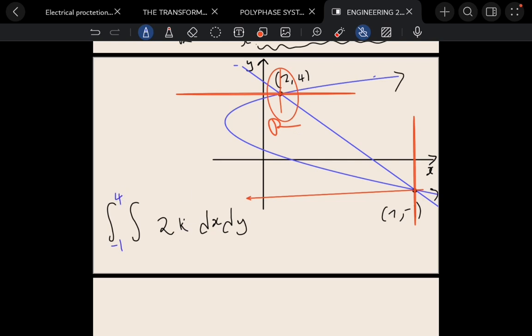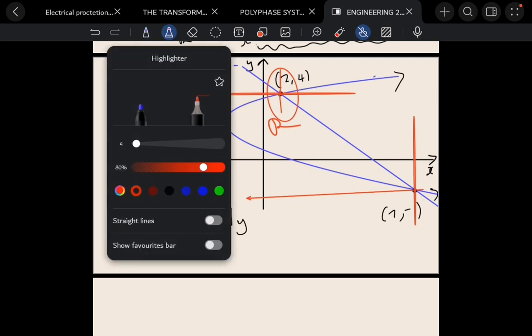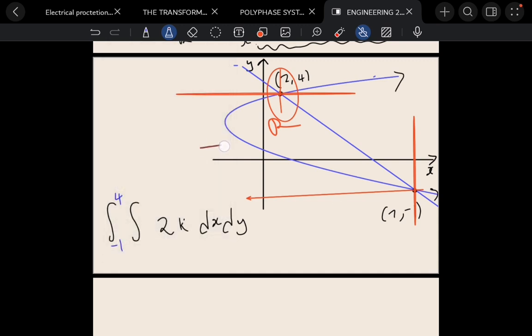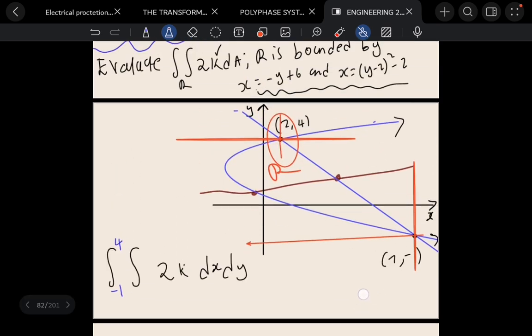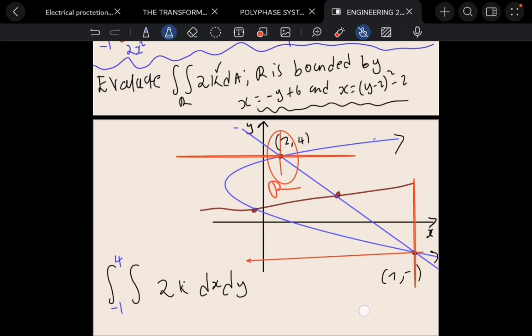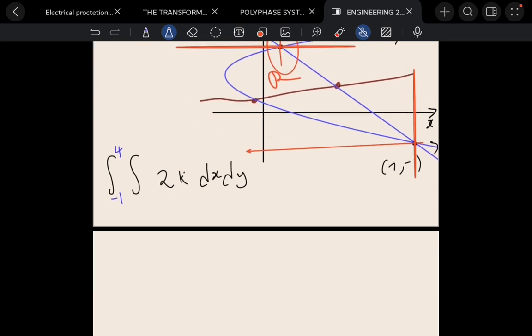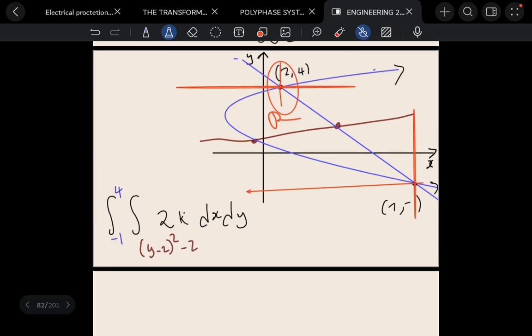And then to get your x value, you draw a horizontal line, left to right. Your first graph in terms of x is that parabola, y minus 2 squared minus 2, and then the other graph in terms of x is minus y plus 6.